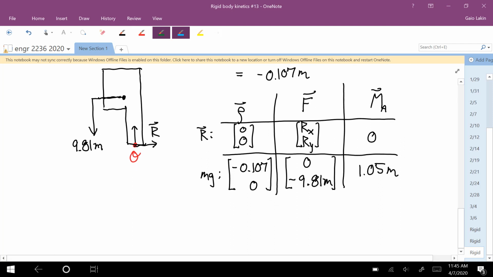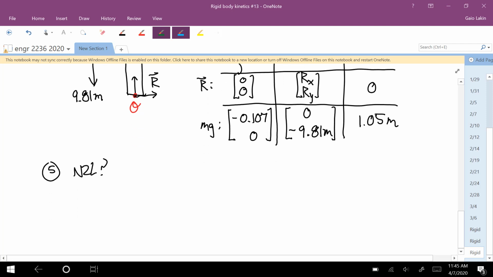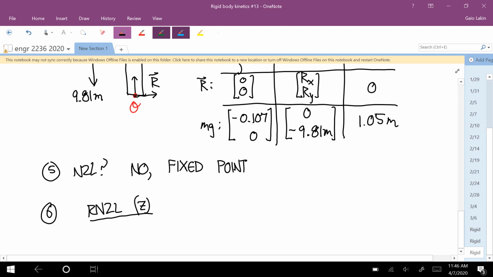And now the fifth step is we can think about whether we need Newton's second law or not. Any problem where you have a fixed point, you don't need Newton's second law, at least right now. You might use it later possibly. So we have a fixed point, and so we'll skip that and go to rotational Newton's second law, and we're only doing the z component, everything else is 0.